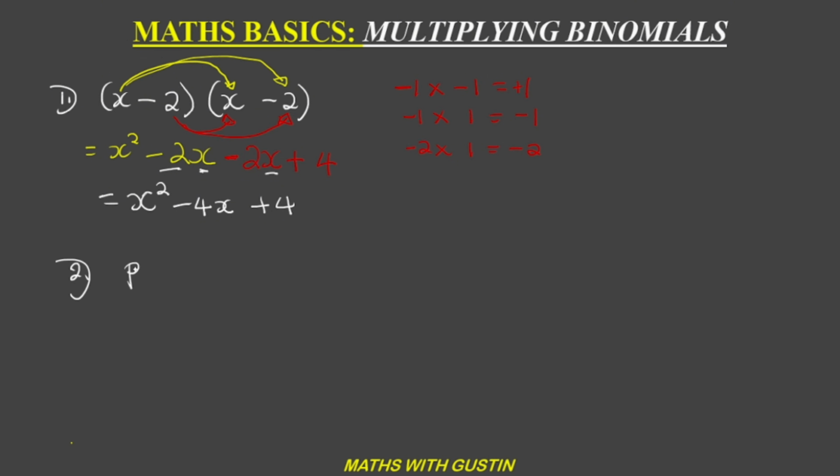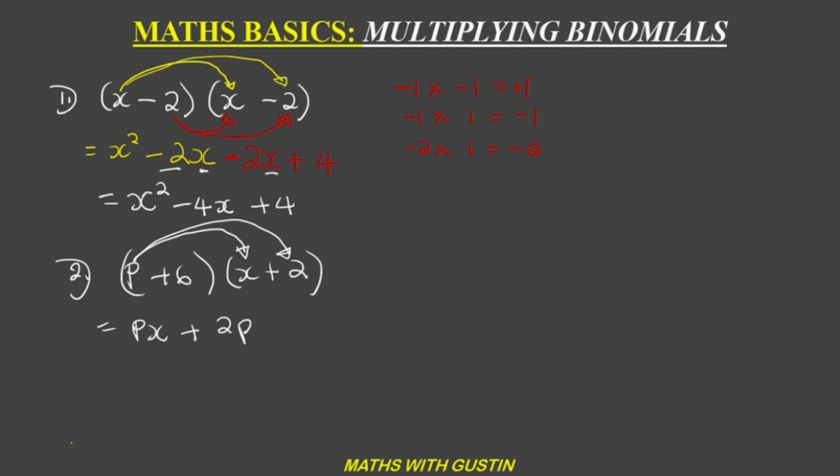Now let's move to example number 2. We have (p plus 6)(x plus 2). Great stuff. I think you guys are fully aware now what we need to do here. We're going to say p times x gives us px, and p times the 2 gives us plus 2p.